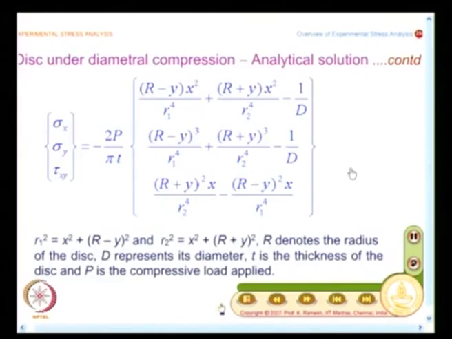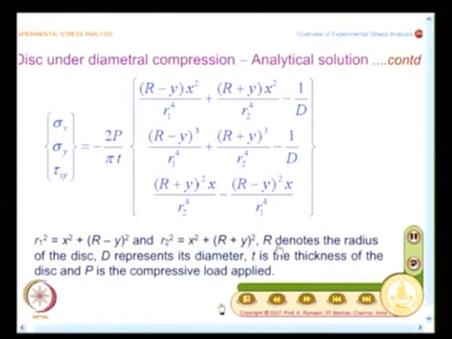When we develop photoelasticity, we could directly use these equations for our interpretation, and you have sigma x as the first term, r minus y times x squared divided by r1 power 4, where r1 is defined as r1 squared equal to x squared plus r minus y whole squared, and the second term is r plus y times x squared divided by r2 power 4, and r2 squared is defined as x squared plus r plus y whole squared.